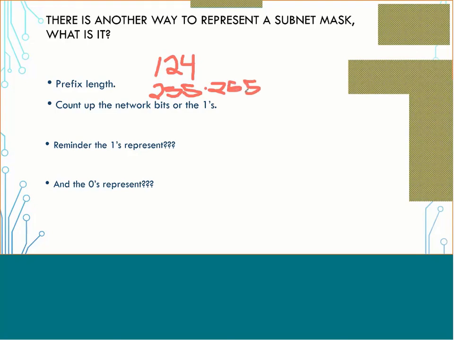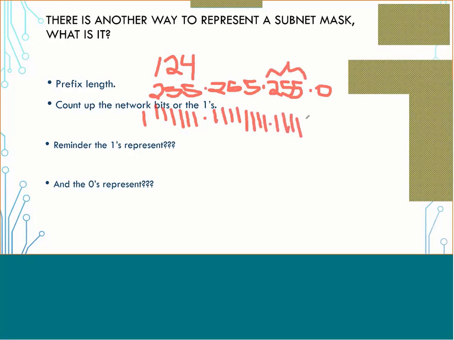255.255.255.0. Exactly, because I know that I have 24 ones, right? And how many ones are in each octet? 8, right? So I know I've got 8 plus 8 more, that's 16, plus 8 more, that's 24, okay?